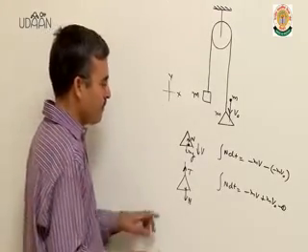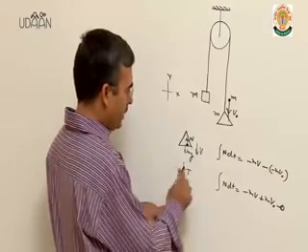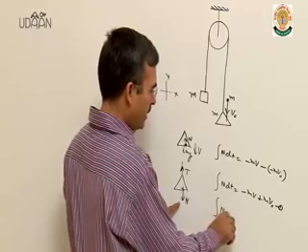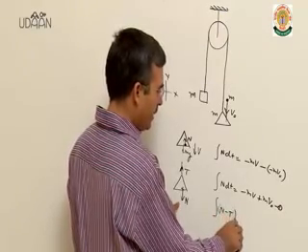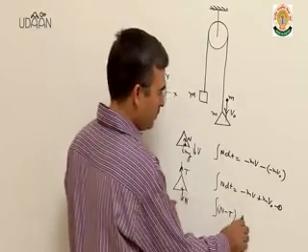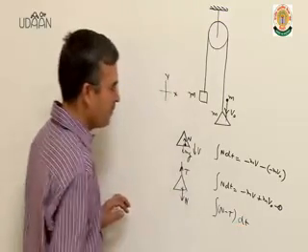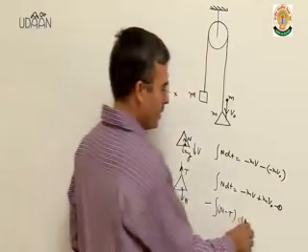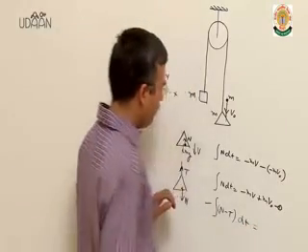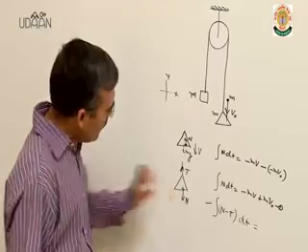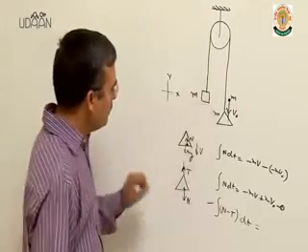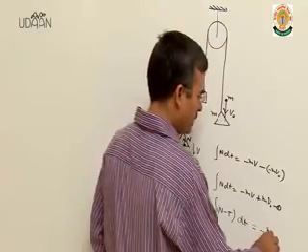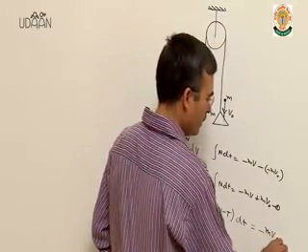So for the pan, the net impulse is N minus T into dt, vertically down, which is negative here. This is equal to the final momentum of the pan, mass of the pan is m, mv downwards, minus m into v.